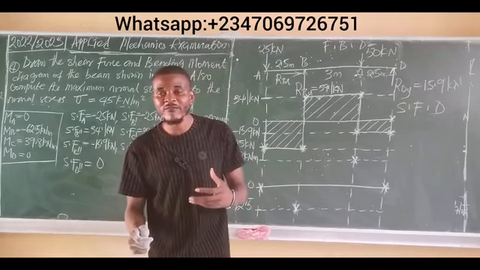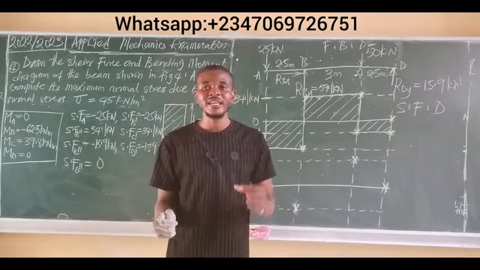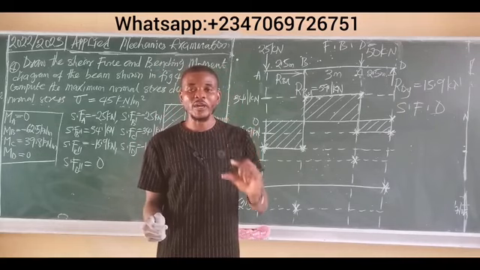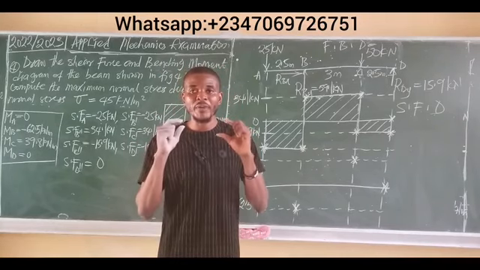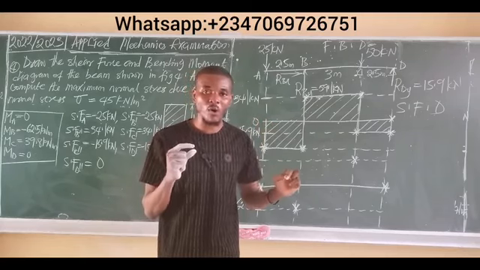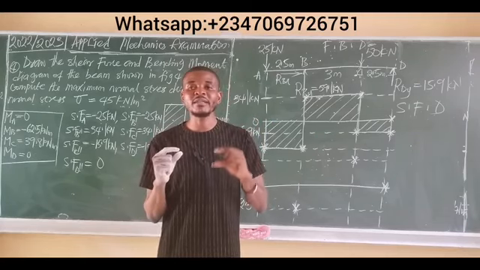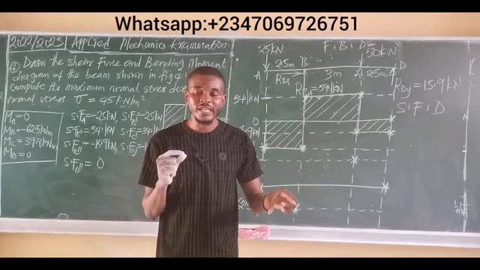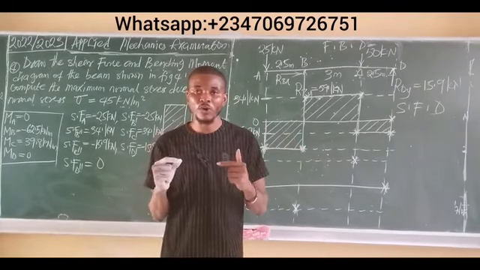The moment diagram for a point load is simply a slant line connecting all the points. So pay attention to the difference. If it is shear force, it's simply a straight line connecting all the points. But the moment diagram for a point load is a slant line connecting all the points.